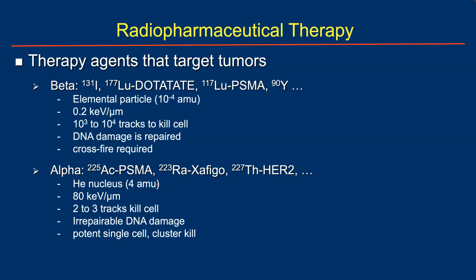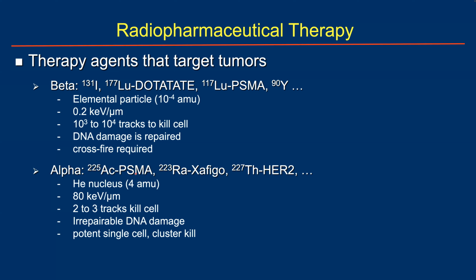Most recently, there is increased interest in using alpha particles to treat tumors. Those include, for example, actinium-labeled PSMA for treating prostate cancer, and radium-223 dichloride, Xofigo, which is the FDA-approved agent for treating bone metastasis, and thorium-labeled HER2, used to treat breast cancer.